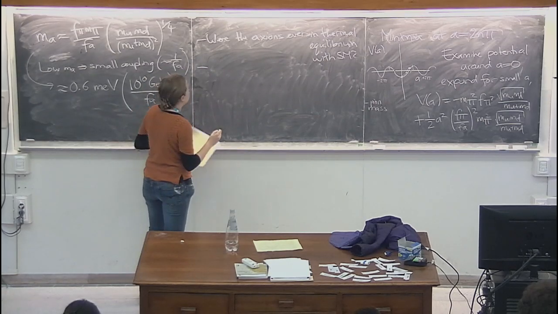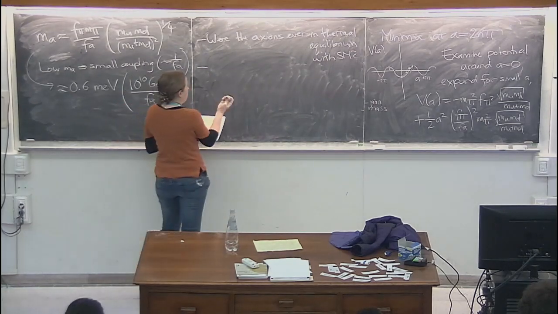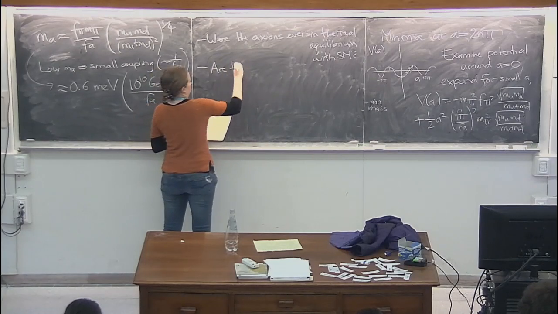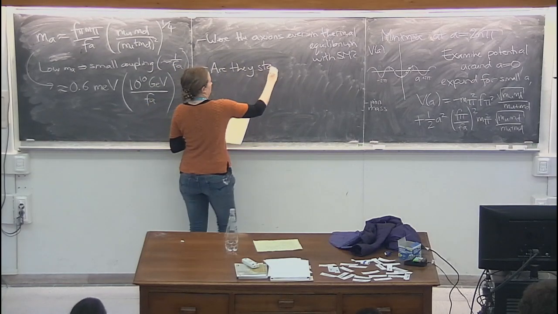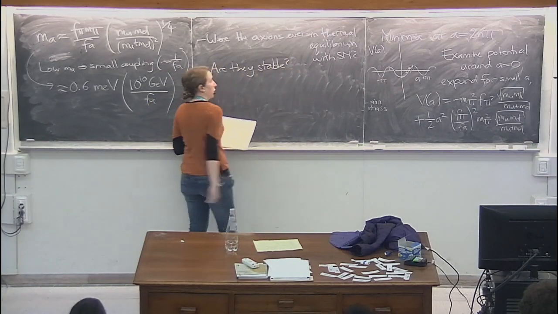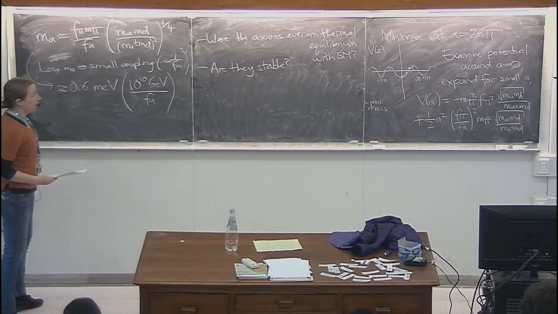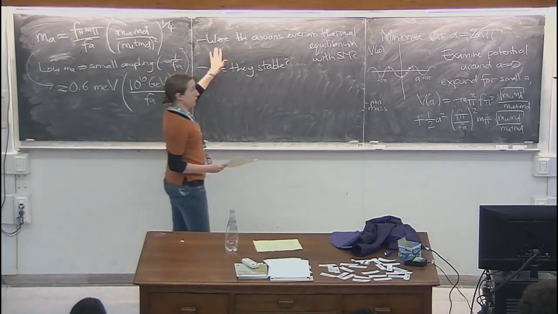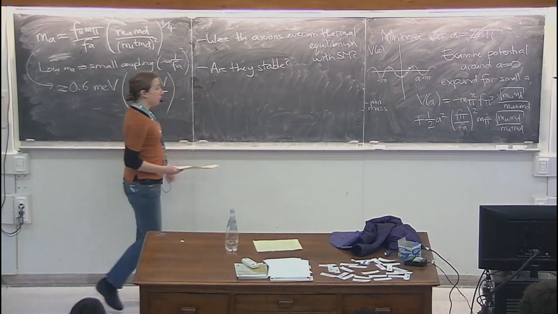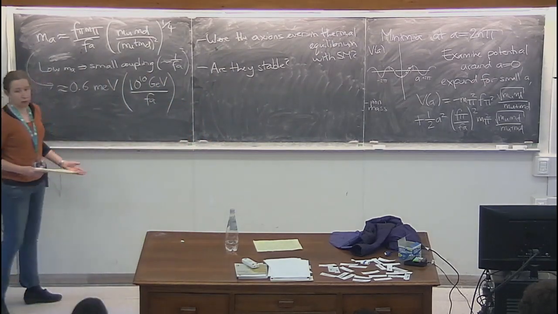Or do they decay? If we're going to talk about milli-eV particles, they'd better be pretty out of thermal equilibrium with the standard model. I mean, a milli-eV is about the temperature of the universe today. So if they were in thermal contact with the standard model, they'd be pretty relativistic. We also want them to live for a long time.